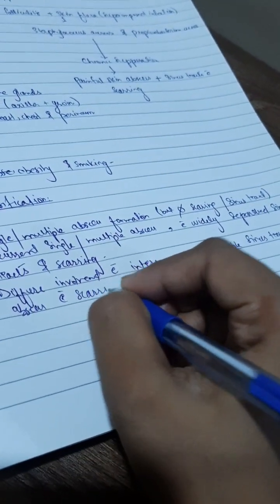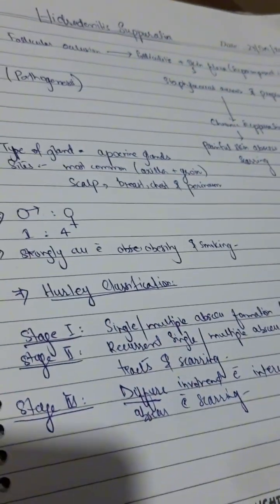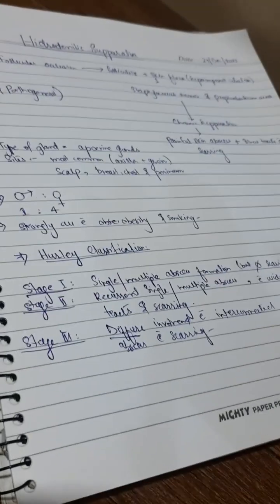The whole area is involved. So this is the diffuse involvement. So this is the classification.